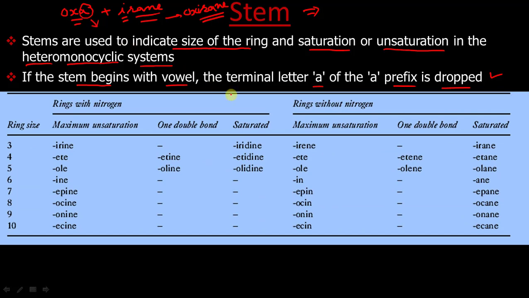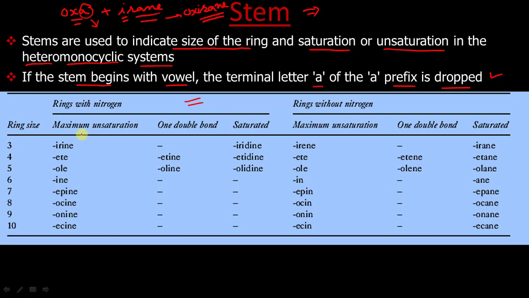Now you have to remember this. As I say, the best way to remember these is to keep practicing with these systems, only then you will remember, otherwise it is very difficult to remember them as they are. So whenever you name these compounds, you can keep this table with you and search from here. When you repeat this for around 20, 30, 40 heterocyclic compounds, then you will start memorizing these names.